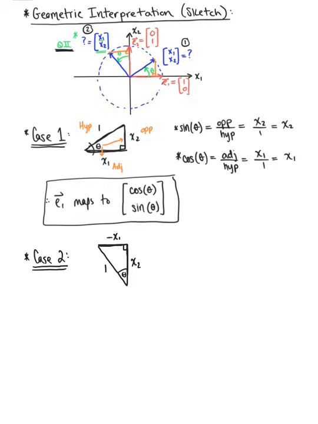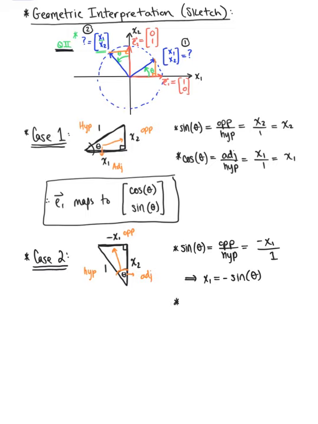Again, using that right triangle trig and that theta of concern, we can see that this minus x sub 1 is the opposite side, that x sub 2 is your adjacent side length, and 1 is the hypotenuse. Using SOHCAHTOA, sine of theta is the opposite side length by the hypotenuse. So opposite is minus x sub 1 all over the hypotenuse, which is 1. This lets us know that x sub 1 is minus sine of theta.